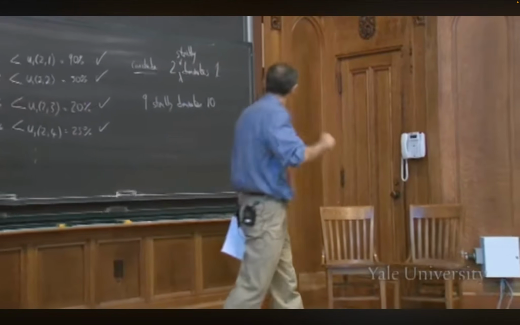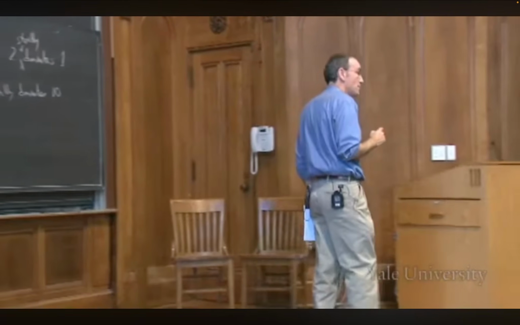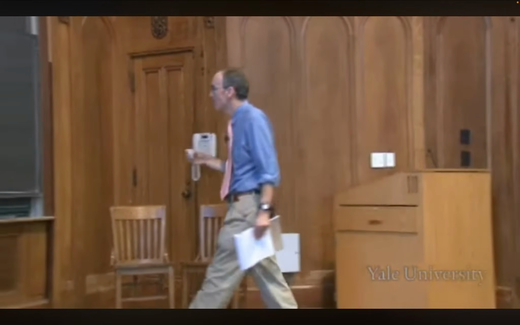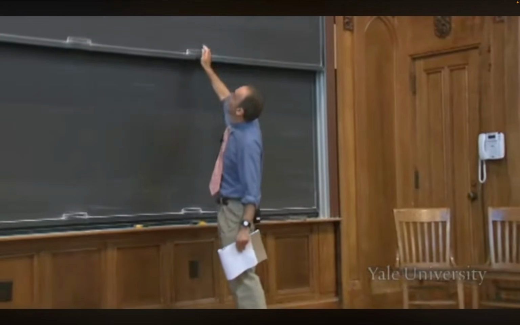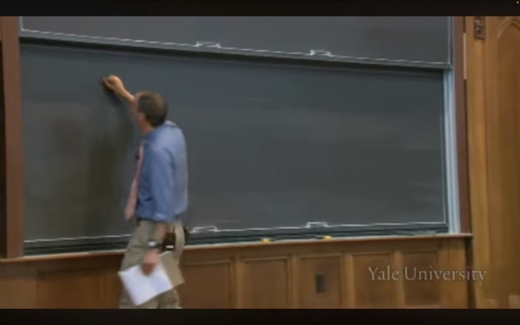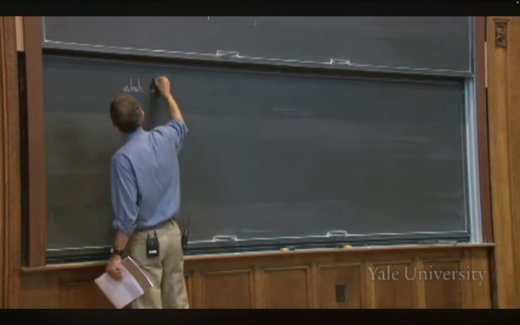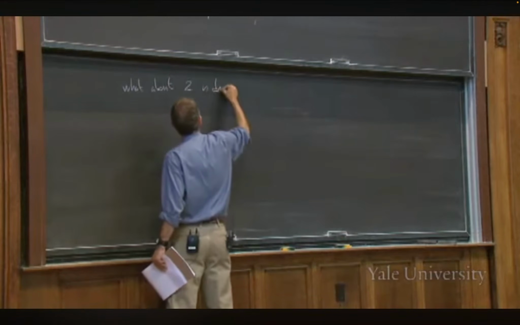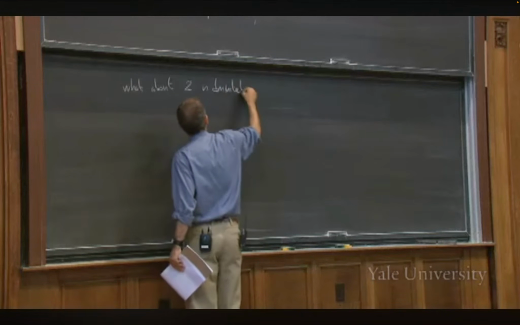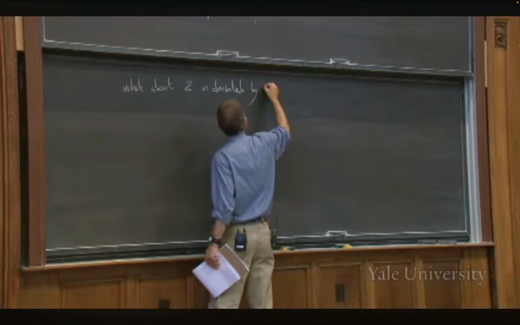All right. So we've concluded that 1 is dominated by 2 and 10 is dominated by 9. Is anything else dominated here? Well, what about thinking about whether 2 is dominated by 3?